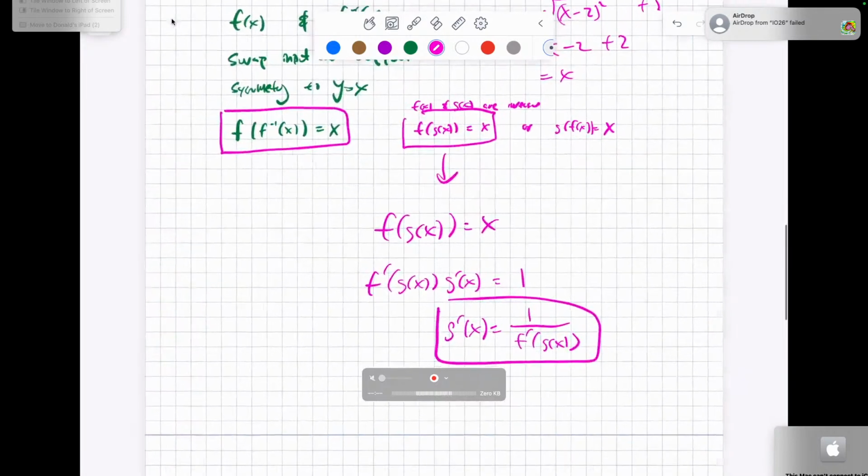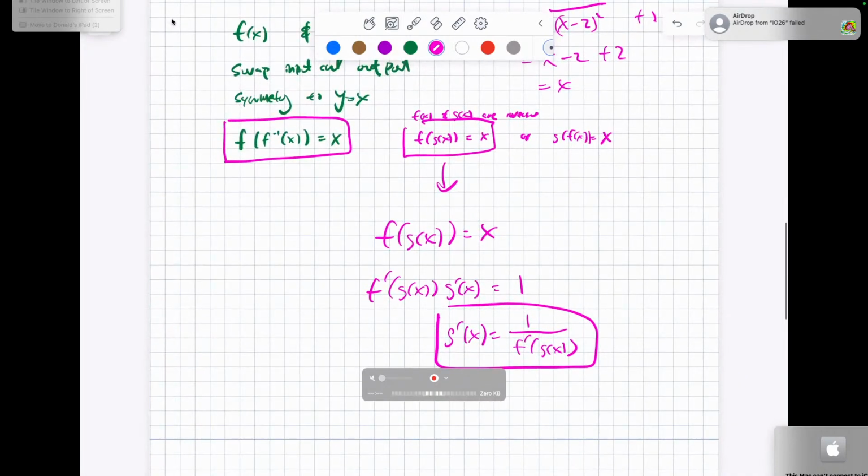It can be written the other way if you want to do it in terms of this: f inverse prime of x is equal to 1 over f prime of f inverse of x, like this. Some people like to write it this way instead of writing g of x. So this basically is the derivative of that.